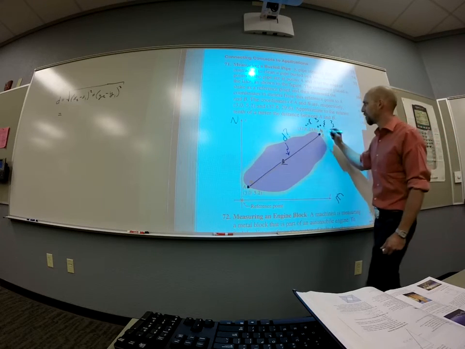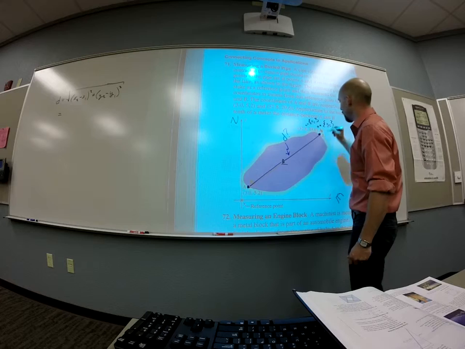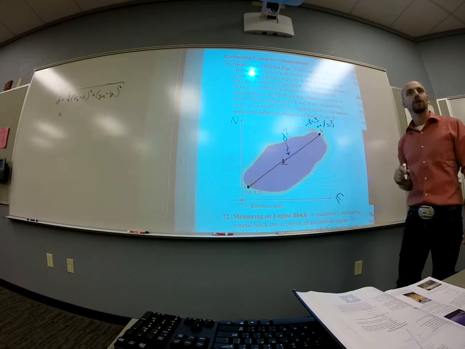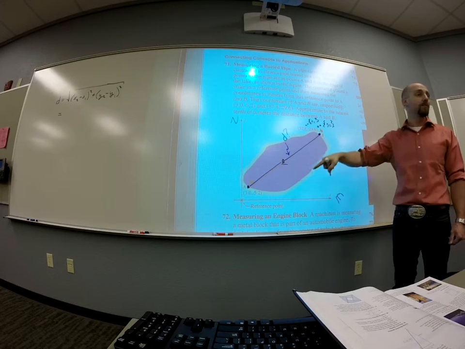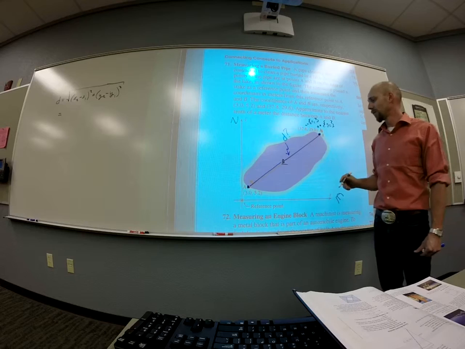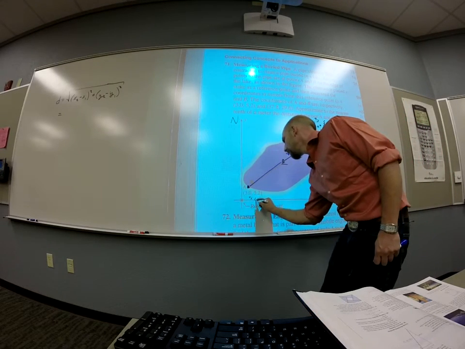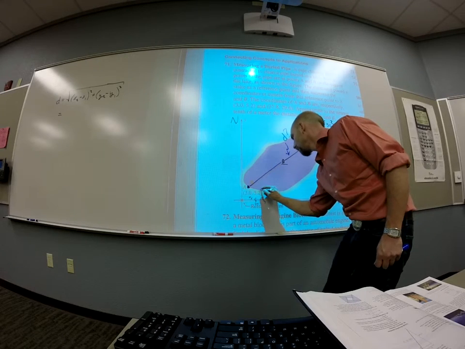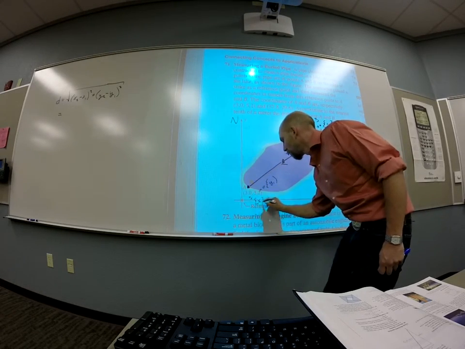No. Pick one, doesn't matter. I'm going to call these x2 and y2, just because for me it's easier to do bigger numbers as the second point and smaller numbers as the first point. And on this guy, these are x1 and y1.